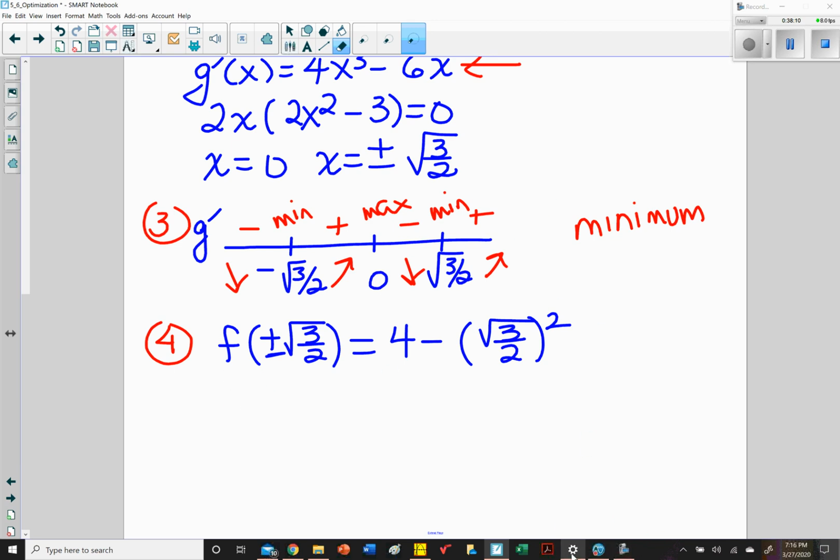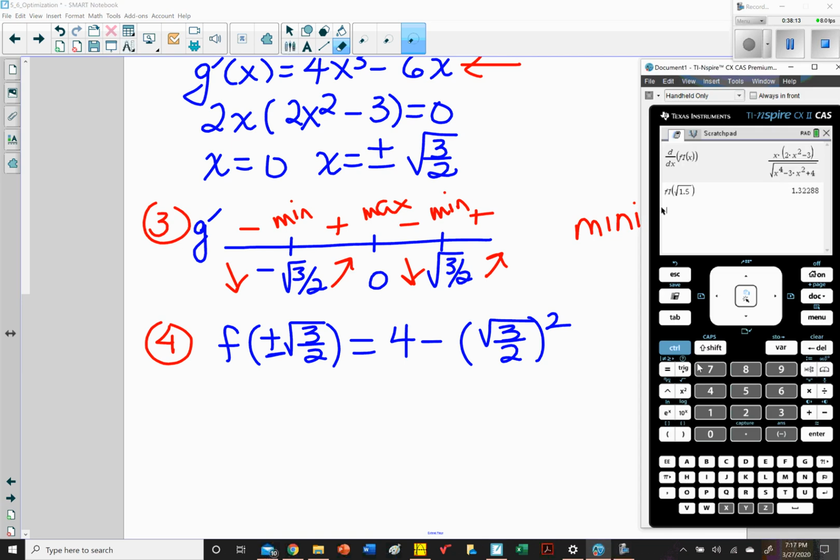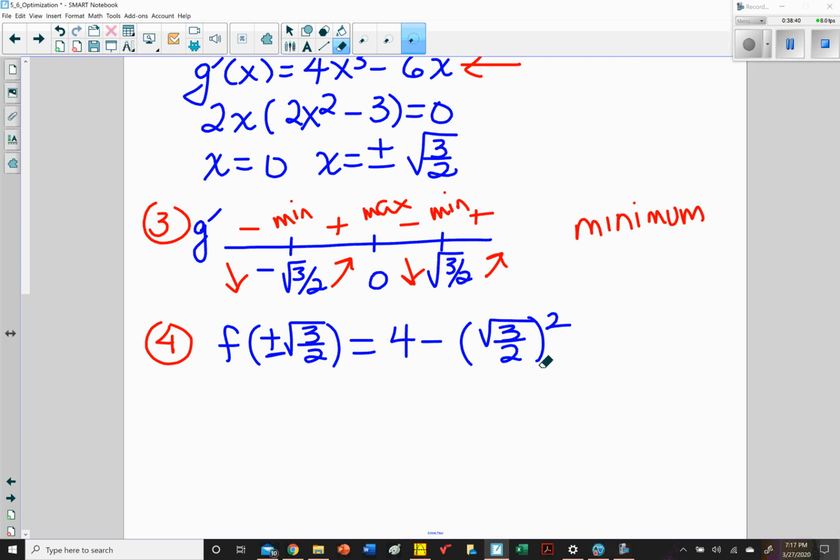So 4 minus root 3 over 2 quantity squared. 4 minus, oh wait, 3 over 2 squared is going to be 3 over 2. So 2.5. That's 2.5.